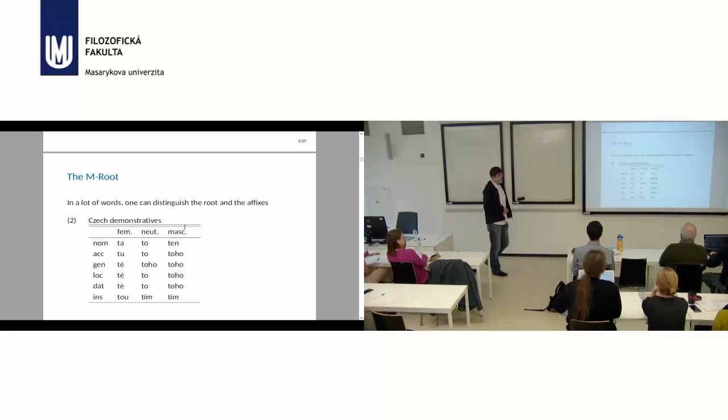Now, the important consequence of this very simple view is that you can also recognize roots in the same morphological sense, for example, in the declension of the demonstratives. Here you have a demonstrative, this, and that has various forms depending on the gender of the noun it modifies and depending on the case of the noun it modifies.